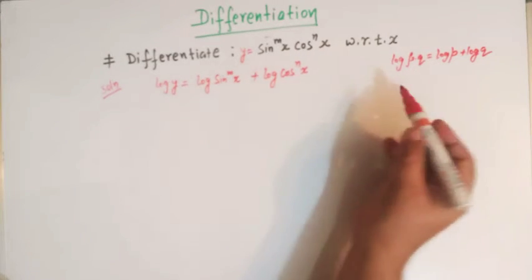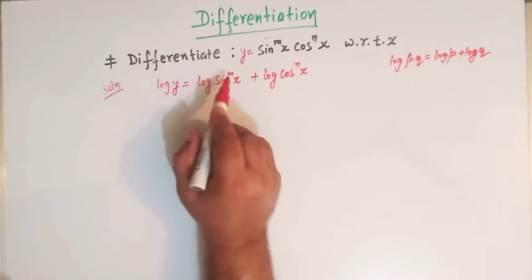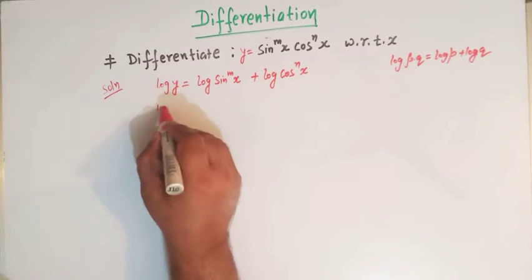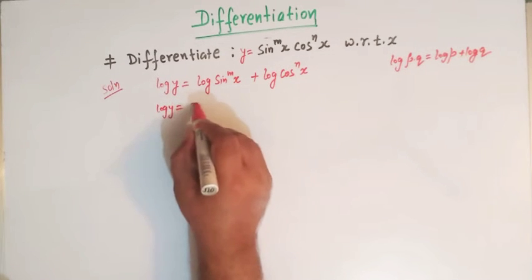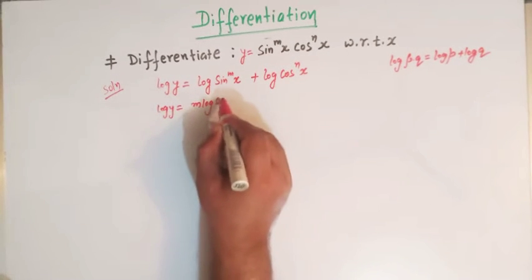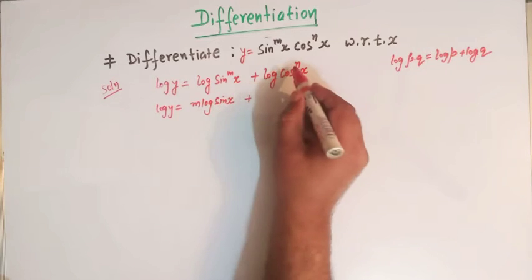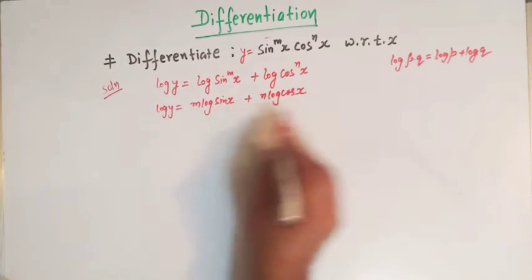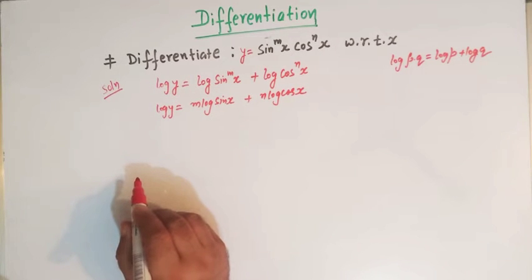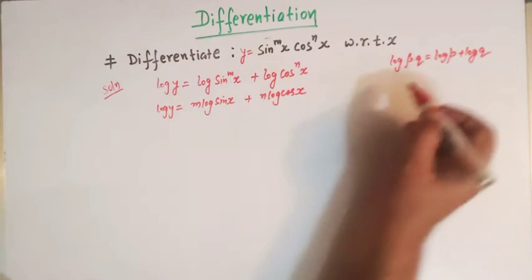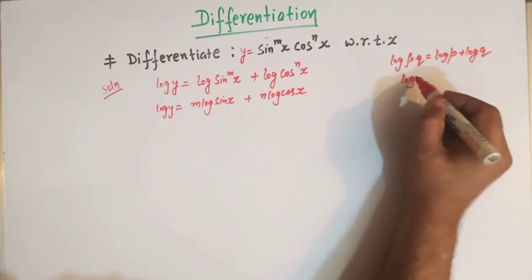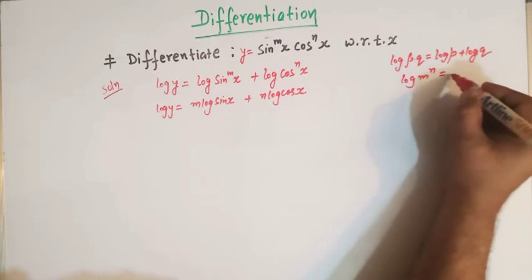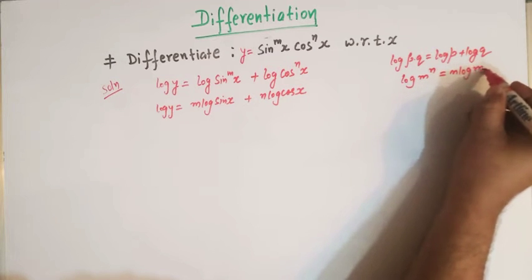So now this is the power m, and here the power is n, so log y is m log sin x, right? And this is n log cos x. Here again we have used the formula that log m raised to n is n log m.